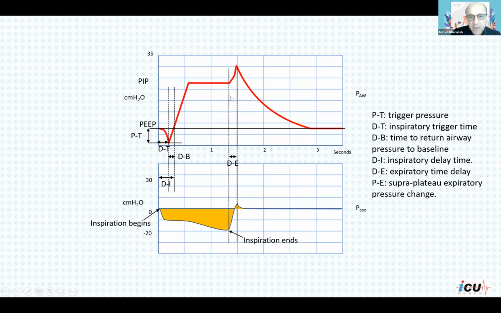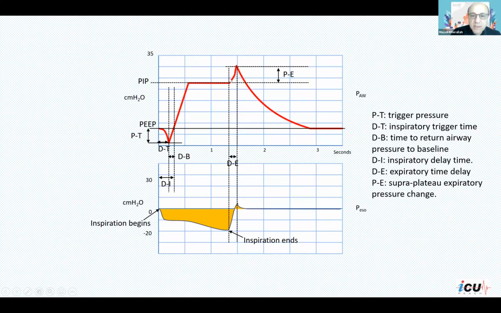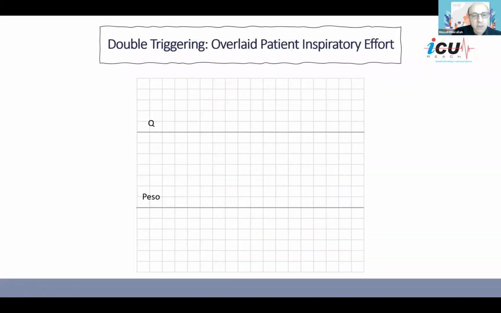And that's why you see here the start of the expiratory effort of the patient, and you can see that the pressure rises above the plateau level in this mode of ventilation. Okay, so let's put this in mind and try to understand double triggering based on this mechanism.